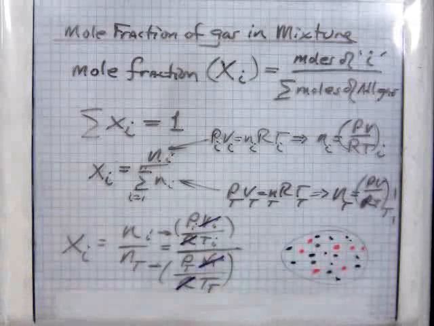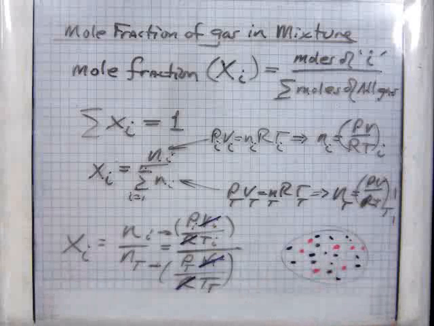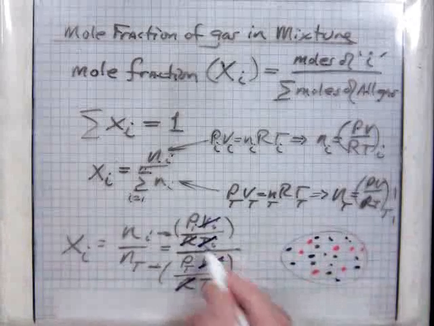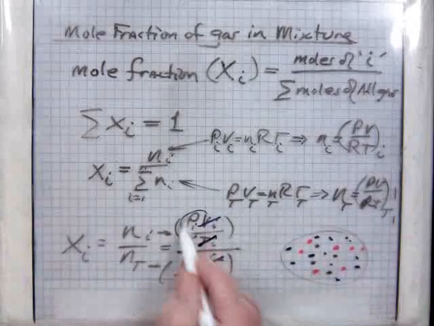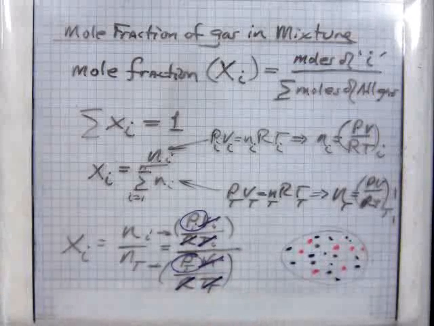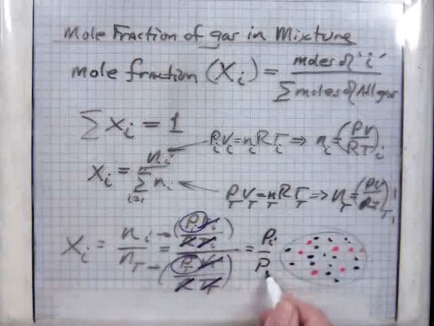And if the temperature of the red dots is 273, what are all the rest of them? Well, it's the same. So temperature drops out. So you're only left with two terms now, the individual partial pressure and the total pressure. So that's P_i over pressure total.